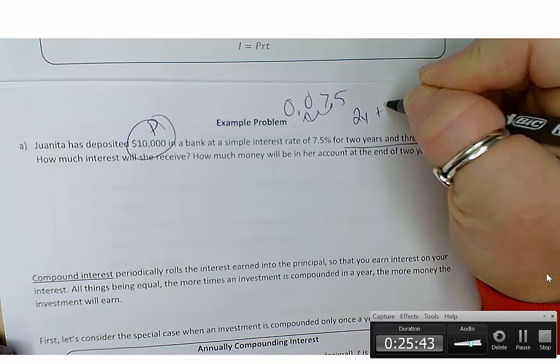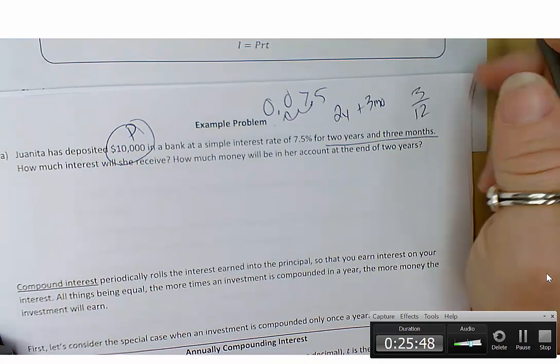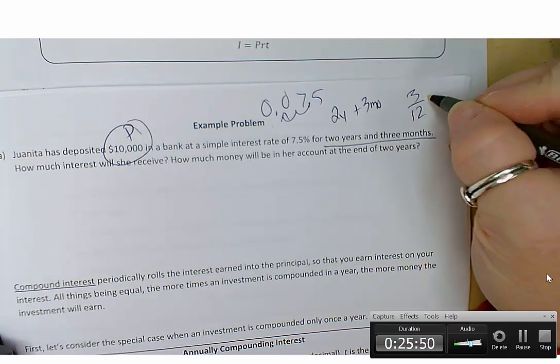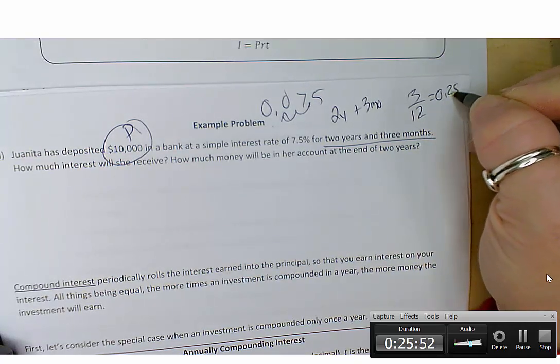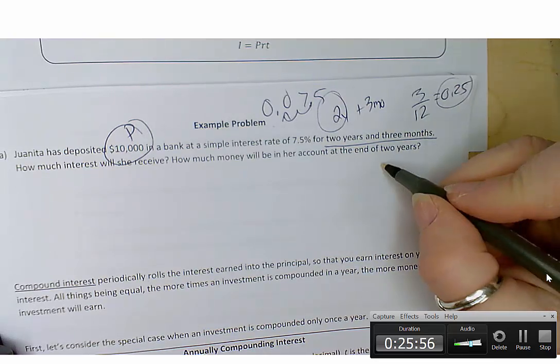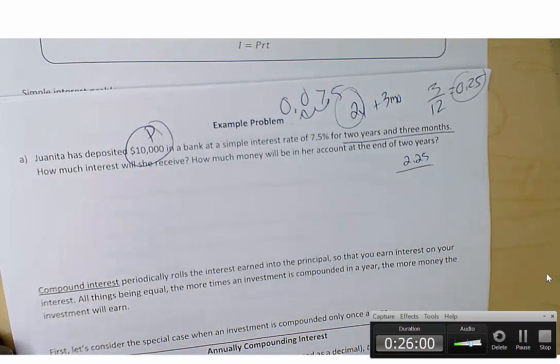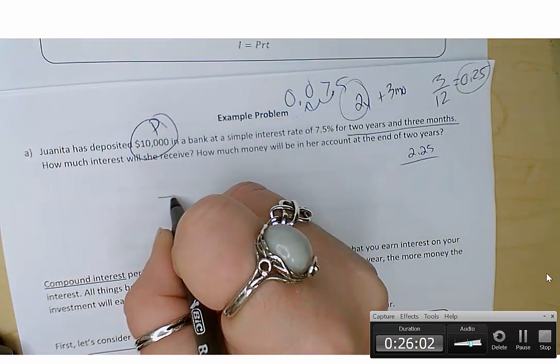We have 2 years plus 3 months. 3 months out of a year is a fourth of a year. So we have 2 years plus a fourth of a year, so we really have 2.25 years that we're working with there.